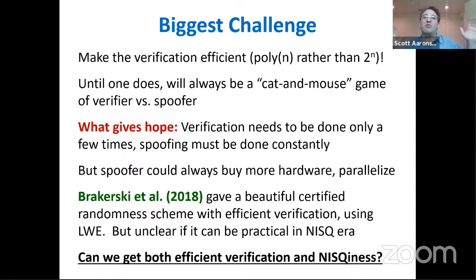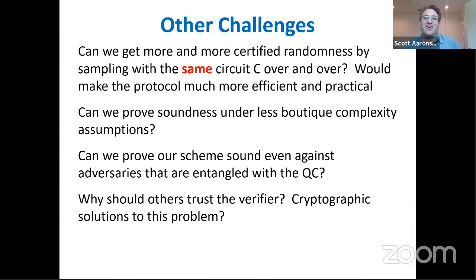That's a question for certified randomness schemes in particular. It's also a question for just any application of NISQ quantum computers, more generally. There are lots of other interesting challenges. Can one get more and more certified randomness by reusing the same circuit over and over? That would make the protocol much more efficient. Could we get soundness under less boutique complexity assumptions?